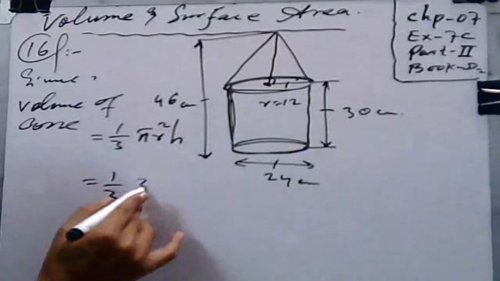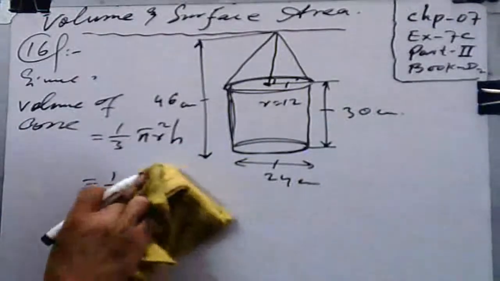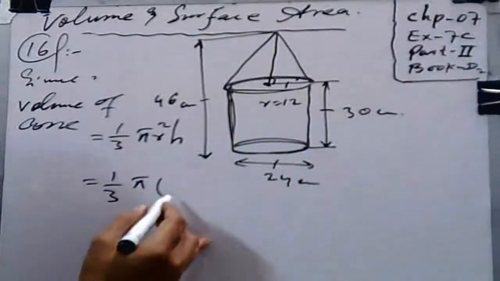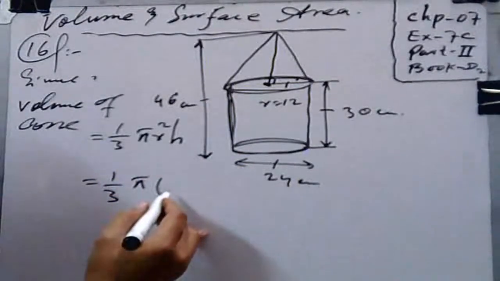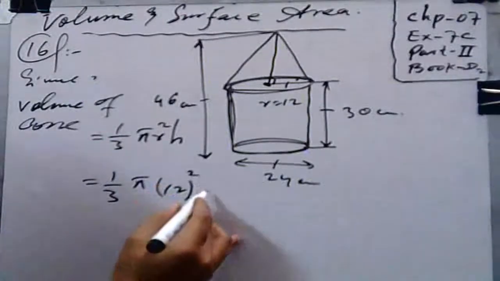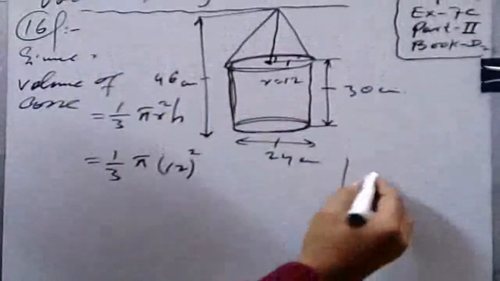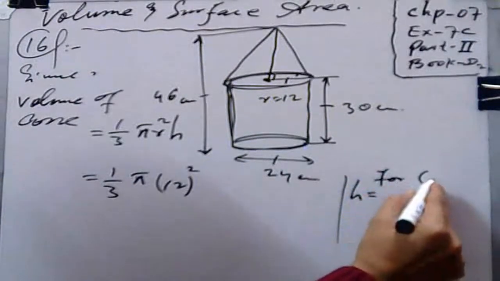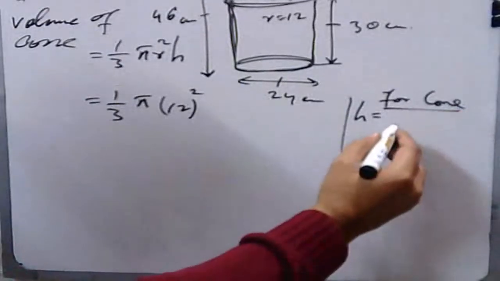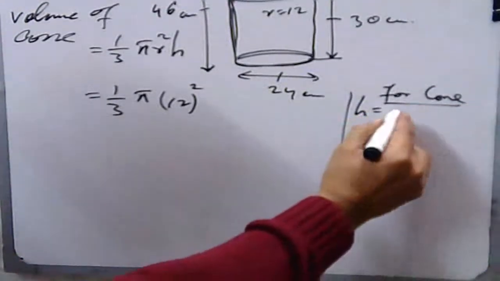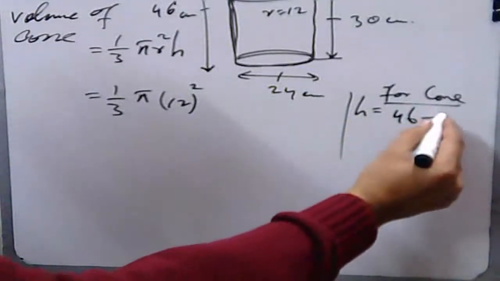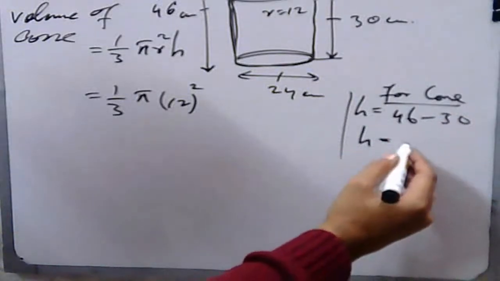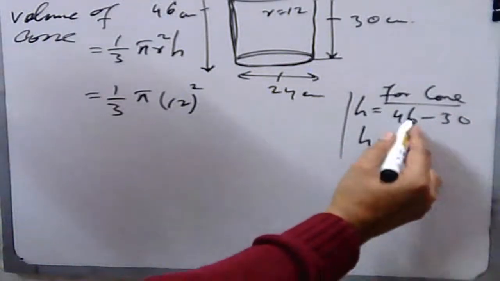H for the cone is the total height, 46, minus the height of the cylinder, 30, which gives 16 centimeter. Putting in the values, after simplification you will get 768 pi centimeter cube. That is the volume of the cone.